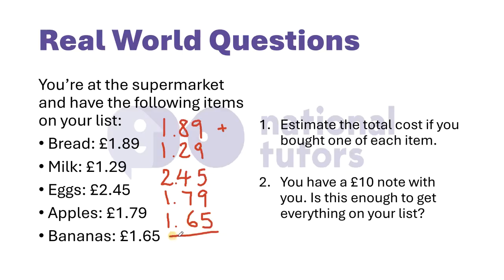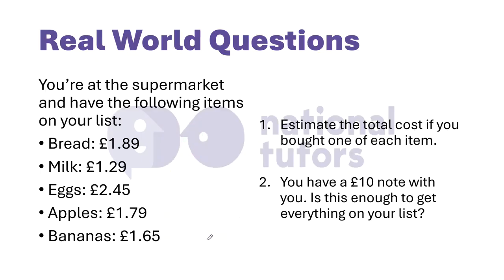Okay, so 5, add 5, add 9, add 9, add 9 is 37. So I would put a 7 in my hundredths column, and I would carry my 3 across to the next column.